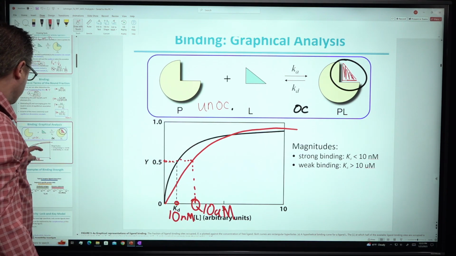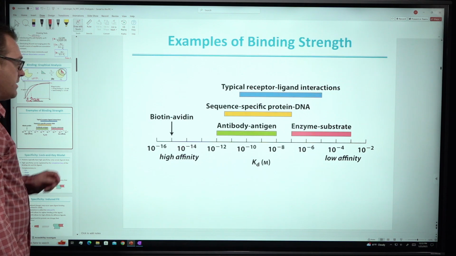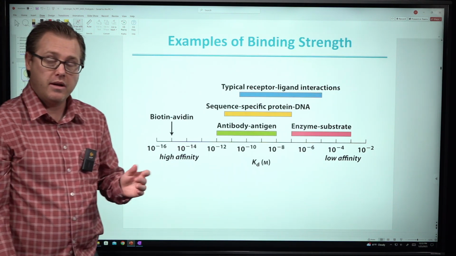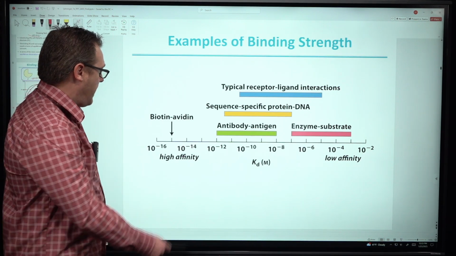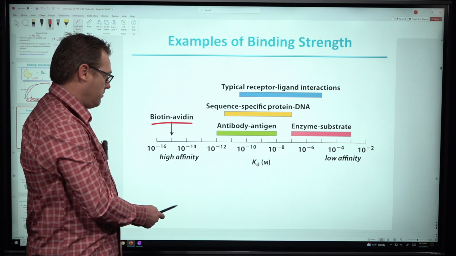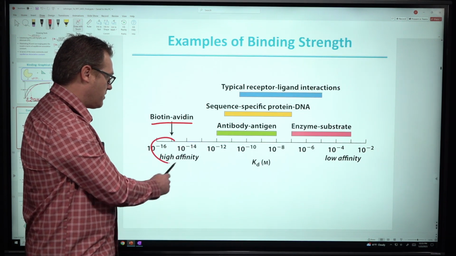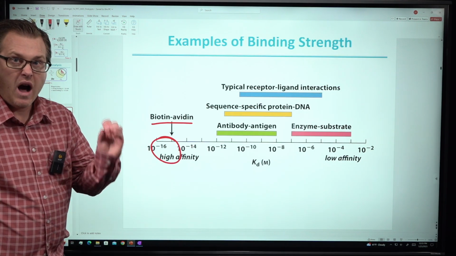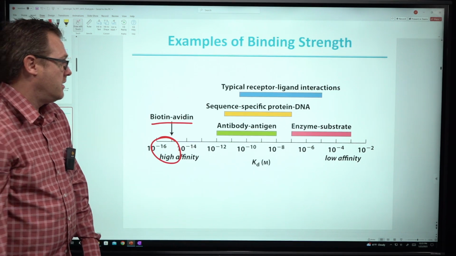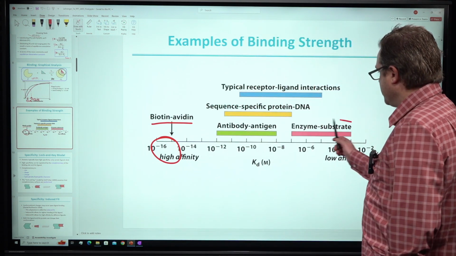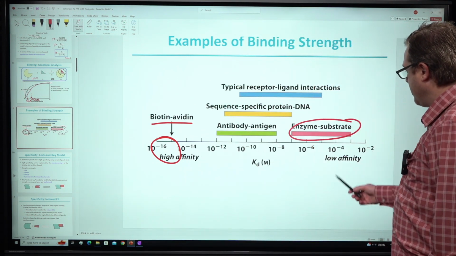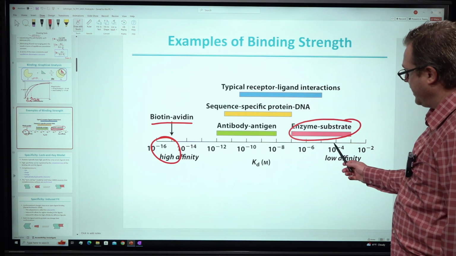All right. So here are some examples that you can go investigate and look into. We have biotin right here. Look, very, very small KD, so high binding affinity. Enzymes and substrates bind with low affinity.